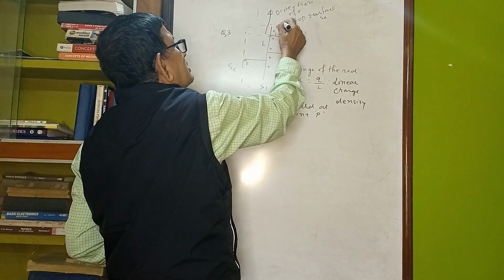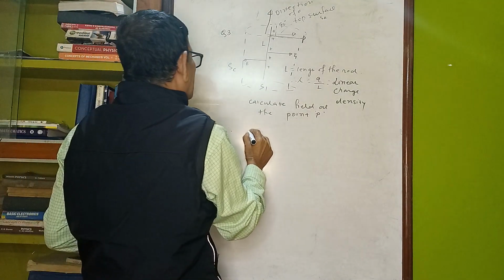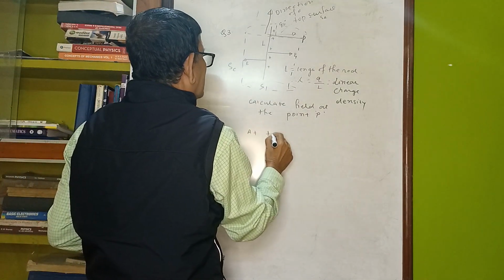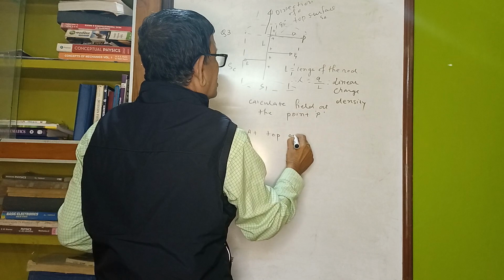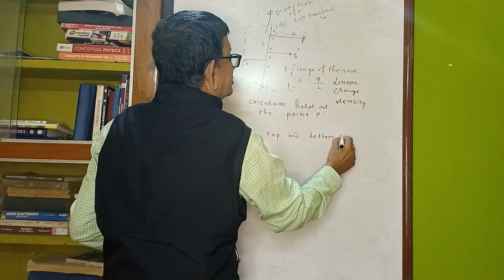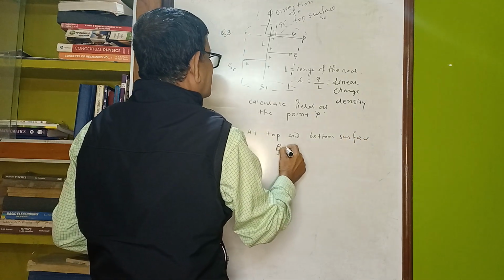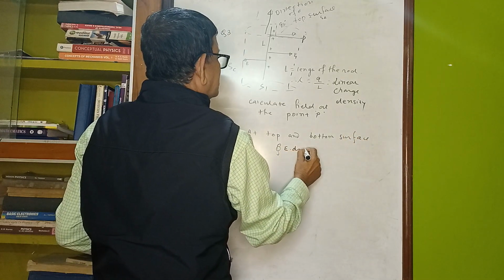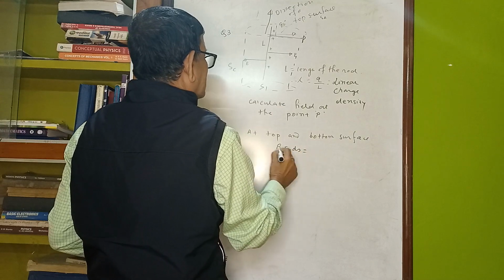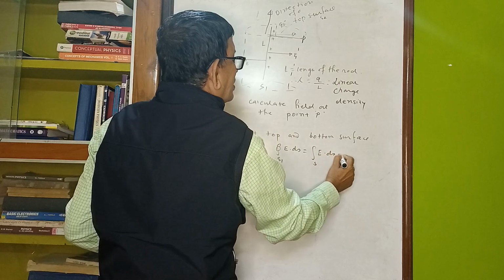The angle is 90 degrees. So the total flux E dot ds at the top and bottom surface, S1 and S2, is equal to 0. Why?